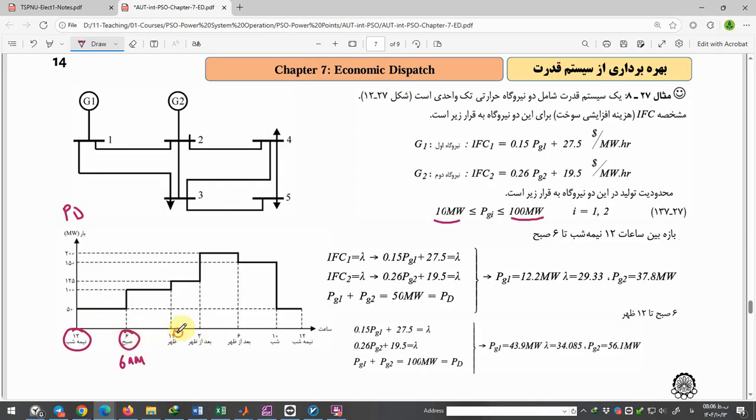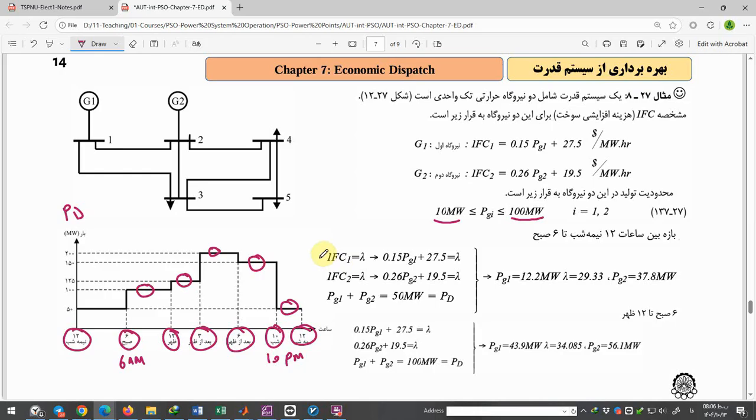From 6 a.m. to noon, 100 megawatts. At 3 p.m., 125 megawatts. From 6 p.m. we have 200 megawatts, and to 10 p.m. we have 150 megawatts. From 10 p.m. to midnight we have 50 megawatts. This is the changing of demand or loads.